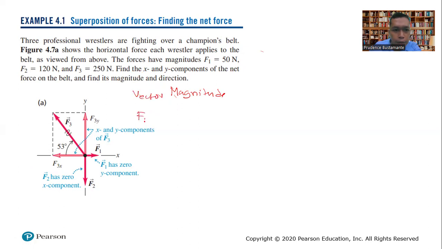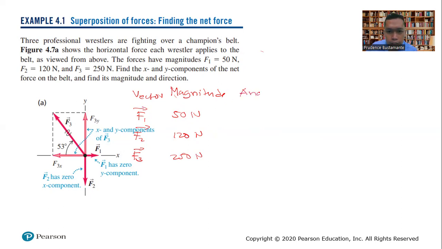Sa F1, ang atong magnitude sa vector F1 is 50 Newton. F2, ang magnitude is 120 Newton. F3, ang vector is 250 Newton. Two significant figures ni. Ato nang gibuhat is kuha ang angle.